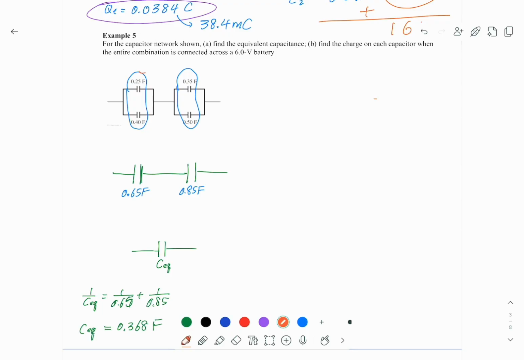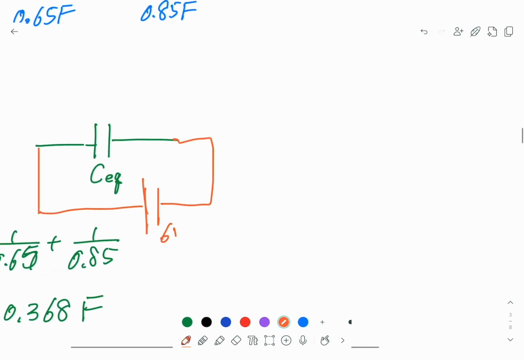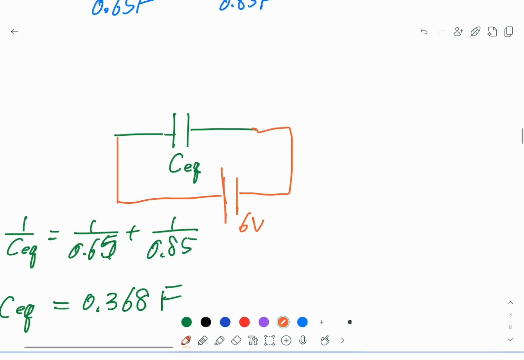First, we imagine this one here is connected to a battery. So this is 6 volt, and the equivalent one is 0.368 farad. So we know C is equal to Q over V. So now we can find the total charge in this equivalent capacitance.